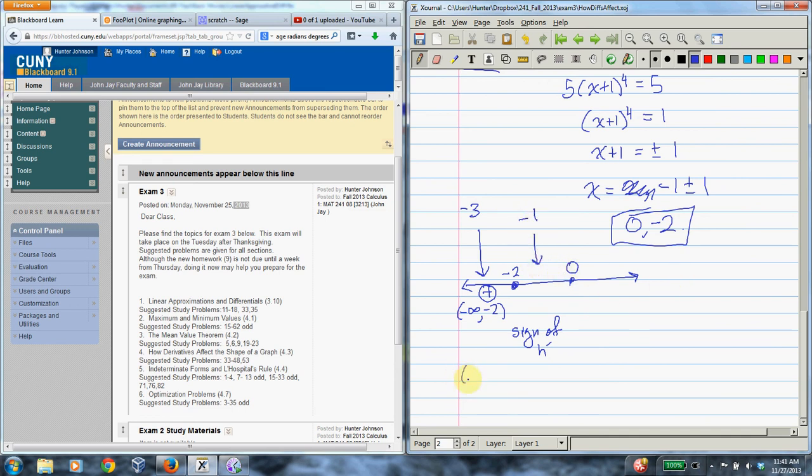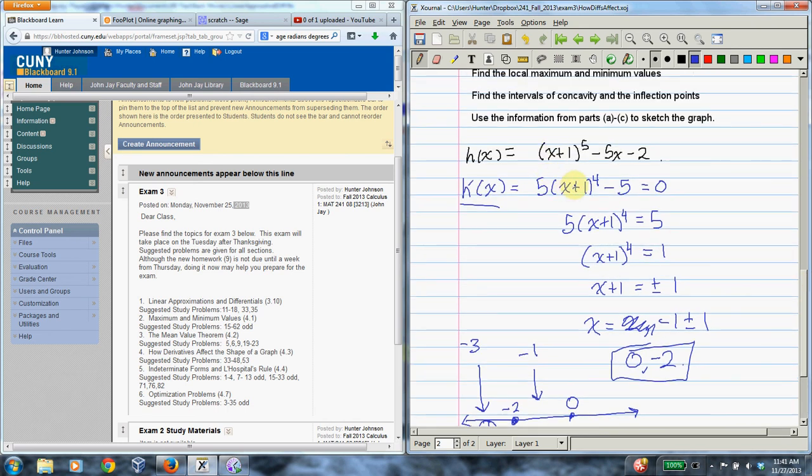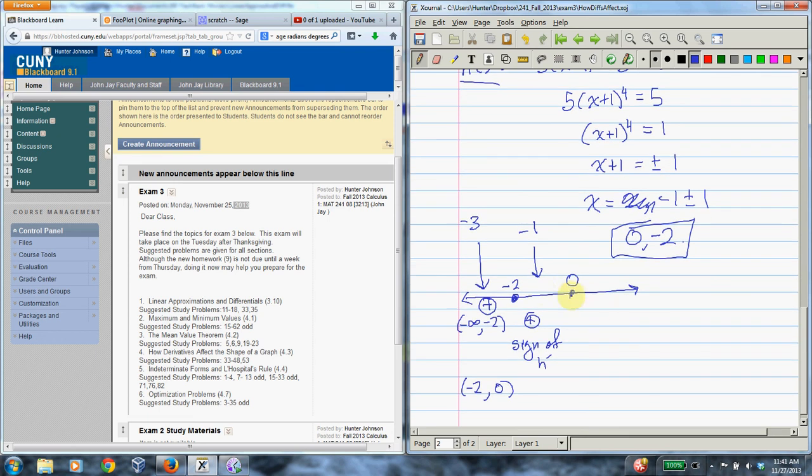And by the way, we should write that interval. That interval is -2 to 0. So here we got a plus, and what are we going to get here? So plug in -1, and that gives -5, which is negative. So on this part, it's going to have a negative sign. So the sign of h prime here is negative. Should make a little divider here. Okay. All right, so that means that h is increasing here, and h is decreasing here.